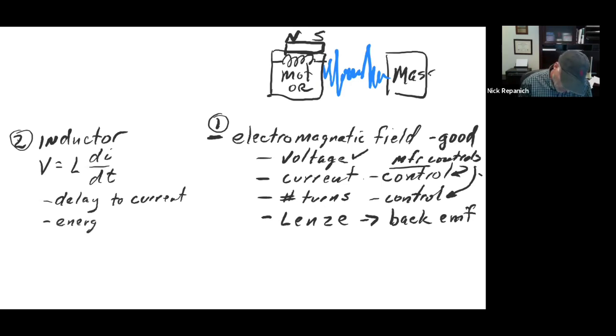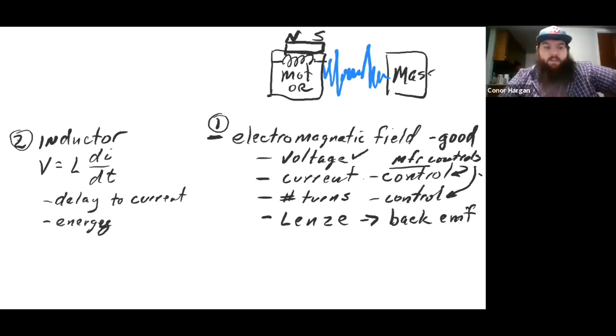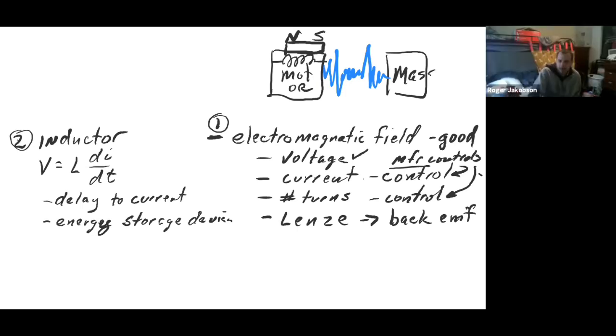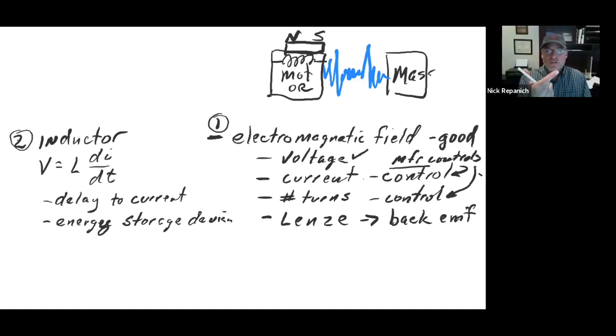What does it do with energy? Stores it in a magnetic field. Exactly. What's the other energy storage component that you have access to? Capacitor. Right. Capacitors and inductors are both energy storage, and capacitors delay voltage, inductors delay current.